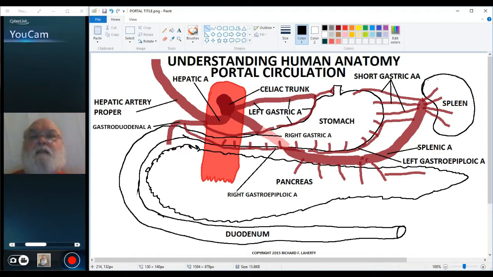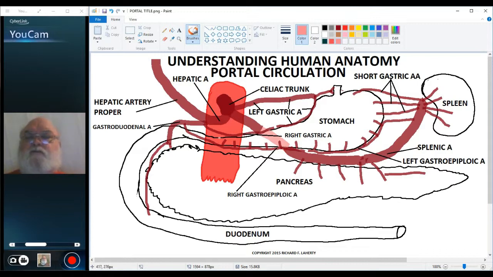Then going back to the gastroduodenal artery, it will divide into two. One will go anterior to the duodenum and pancreas, and one will go posterior.